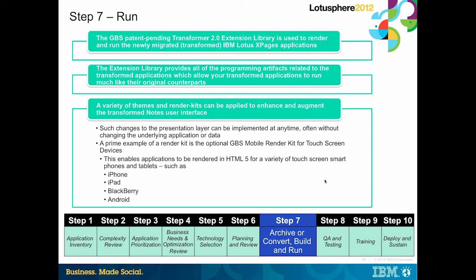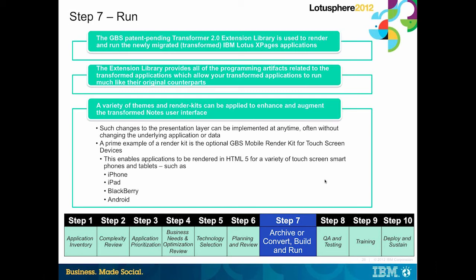And I'm going to slow down here and we'll say that a couple times. Without any additional code in the original application or the converted application, we can take any transformed app and, just through the transformation extension library runtime on your server, we can mobile enable any converted app.